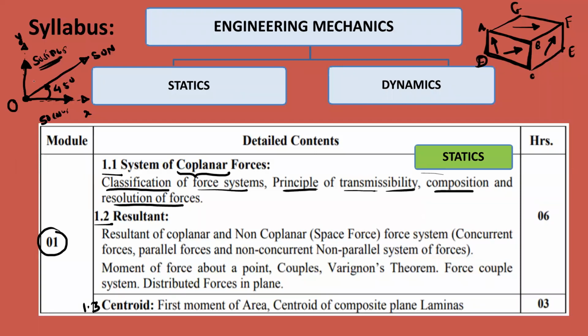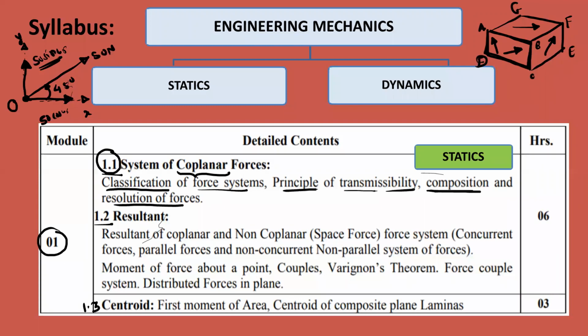I will show how to calculate these components. This is called resolution, that is, you divide the force along the x direction and along the y direction. We will study this in detail in the section on composition and resolution of forces. So this is your complete section 1.1.